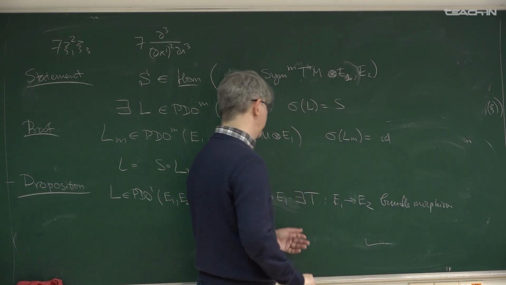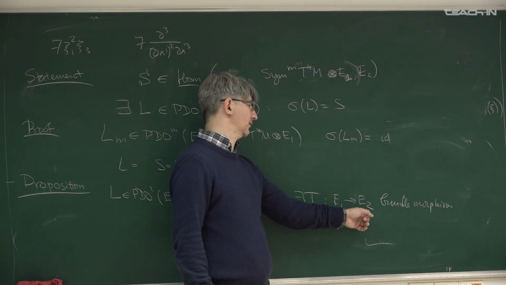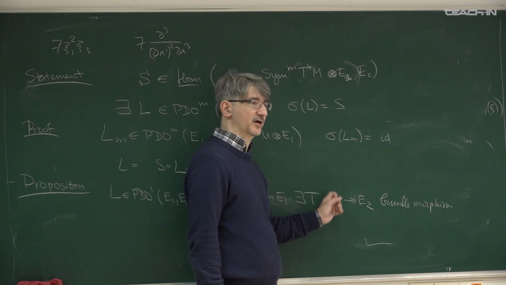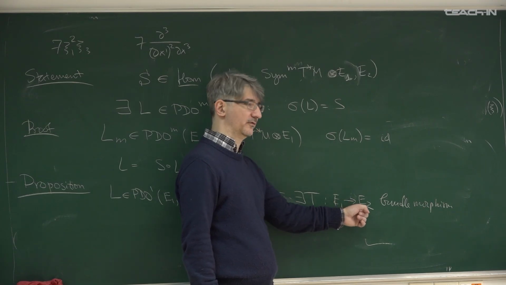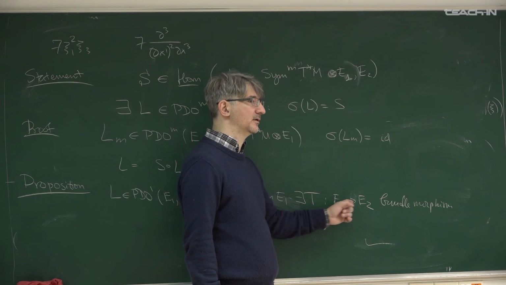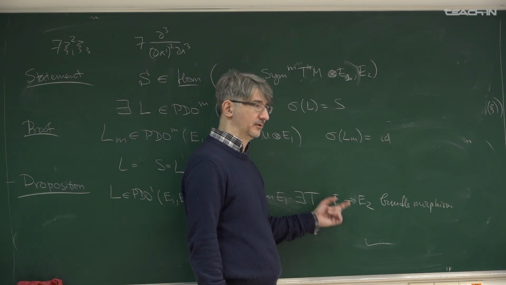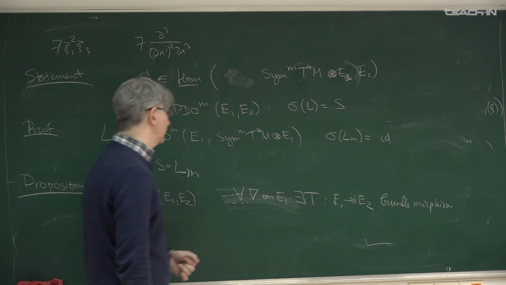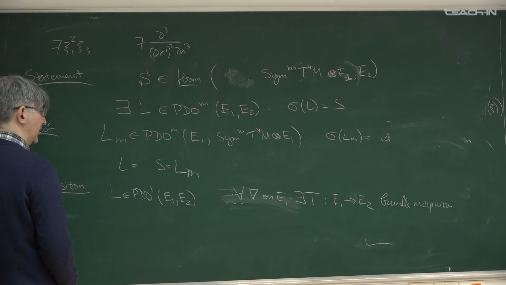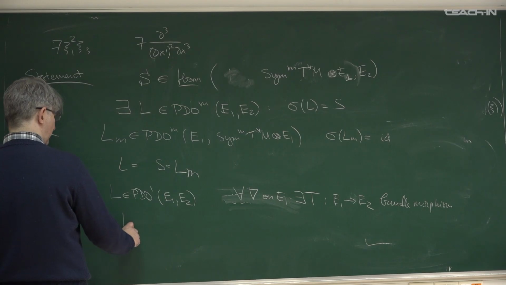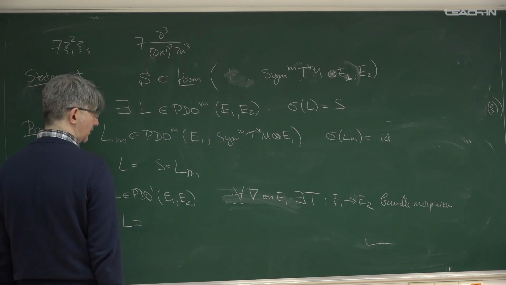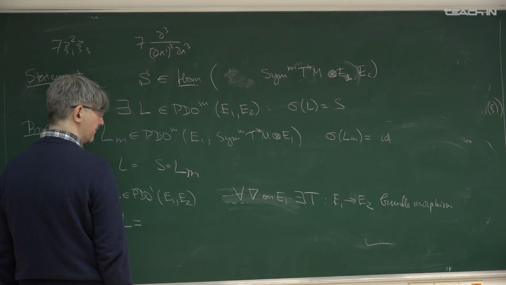If you have a bundle morphism, it defines a map of sections, sections of this bundle to sections of that one. And this operator on sections will be linear over functions on the base manifold. It's a very strong condition. Such that our operator can be written as the following sum.